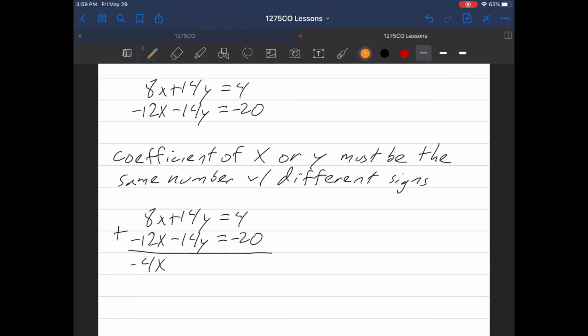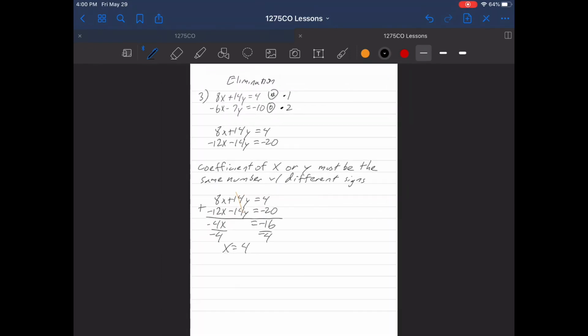That's negative 4x over here. That is a 0 over here, 14y minus 14y. And on the other side of the equal sign, a negative 16. So notice that our equation here says negative 4x equals negative 16. This is an equation that can be solved by dividing negative 4 to both sides. So we get x is equal to positive 4.